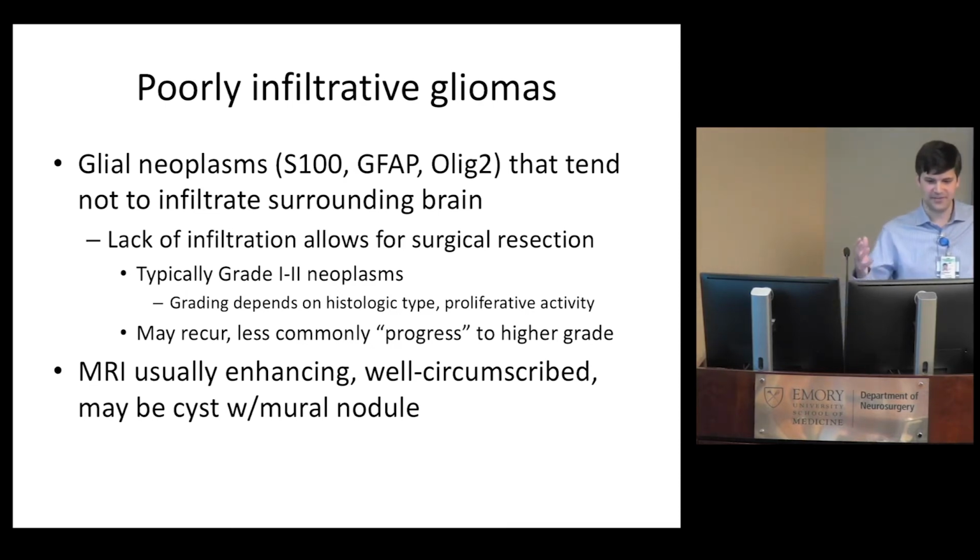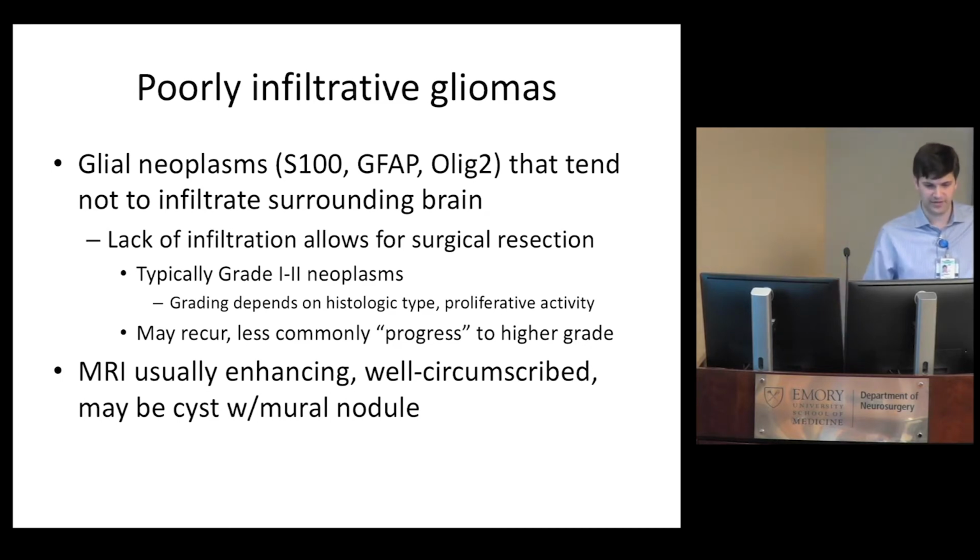Fundamentally, it's a class of tumors that don't show as much of the single cell infiltration that we see with the traditional infiltrating gliomas, and there's some potential for them to be surgically cured. Okay, you can cut them out, and they'll have some low risk of recurrence.